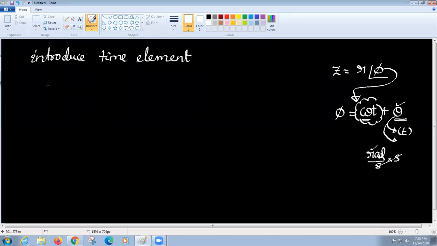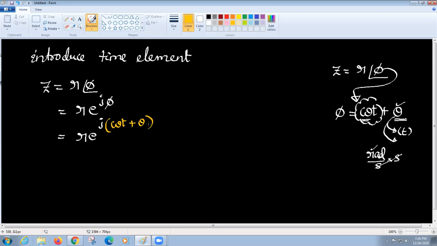Therefore, what I have is z equal to r at angle phi. That means I can construct this as r e power j phi. Now slowly we introduce the time element. Now phi is equal to omega t plus theta.